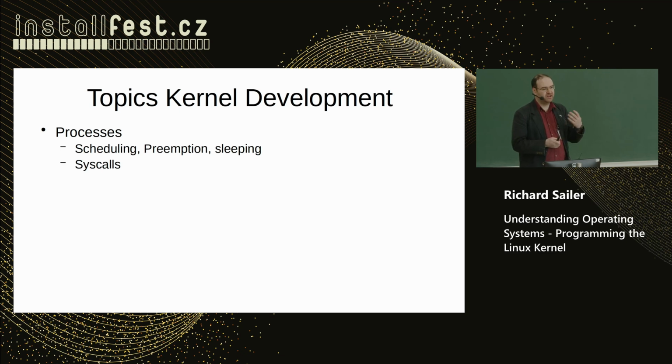When a program waits for input from your keyboard, the network or the hard drive, it's usually sleeping, and the operating system or other programs are doing stuff. I will talk a bit about this whole process of making processes sleep and waking them up again, and also about system calls.